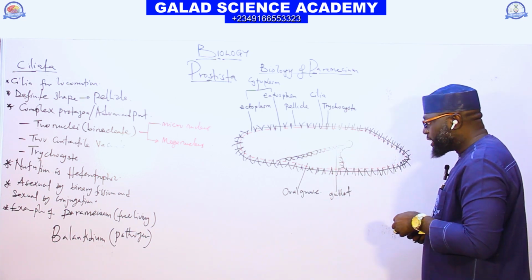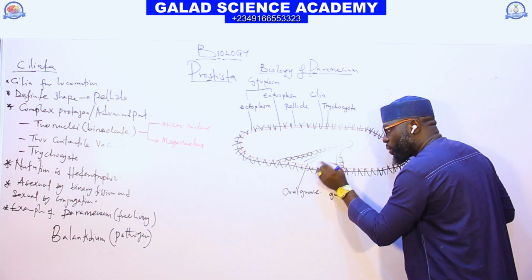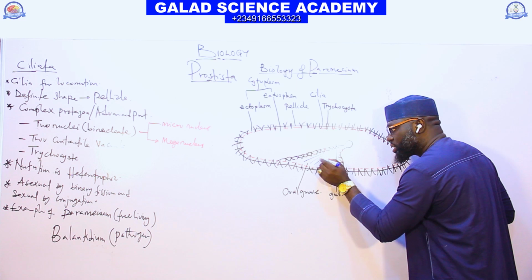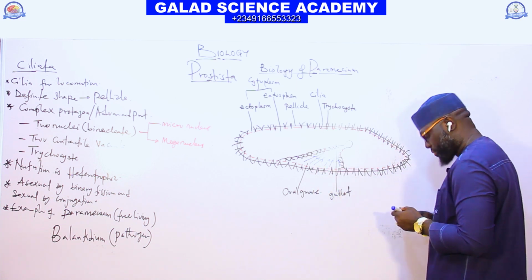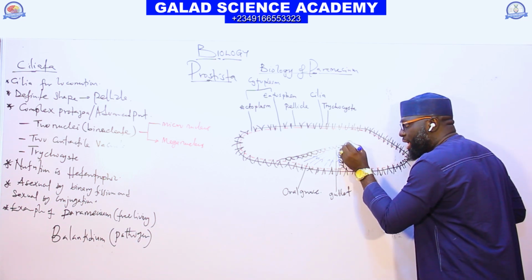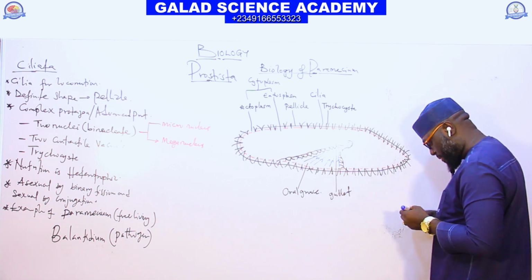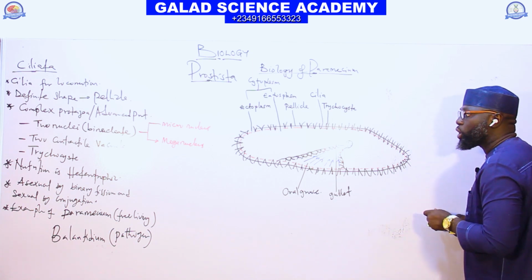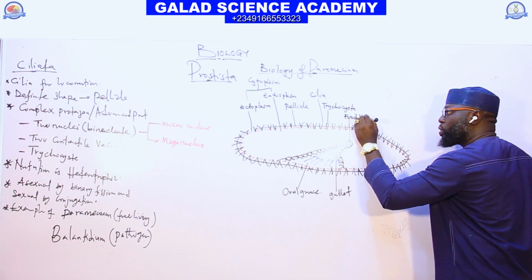When the inflowing of water is occurring, water is moving along this direction into the cytoplasm of the cell. To get to a particular point here, all the food particles we have there will be stored here. And this is what we call food vacuole.